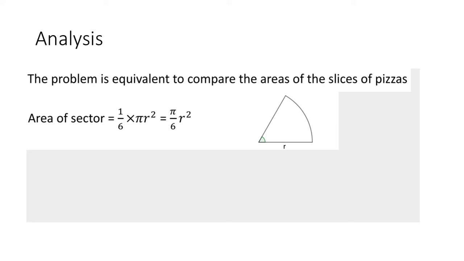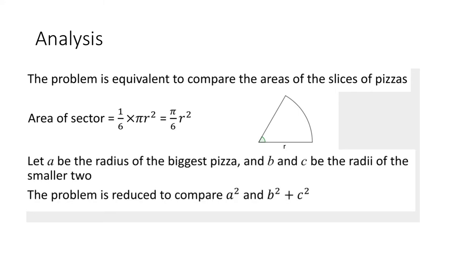As the area of each sector goes with pi over 6, we can simply compare the squares of the radii. Let A be the radius of the biggest pizza, B and C the radii of the smaller two. Then the problem is reduced to comparing the values of A squared and B squared plus C squared.